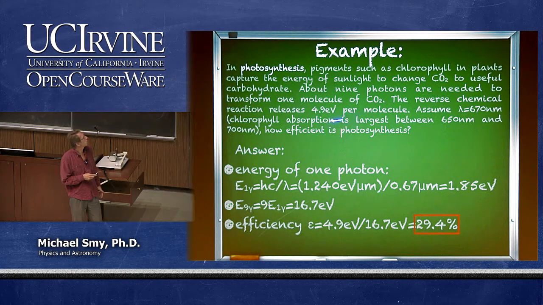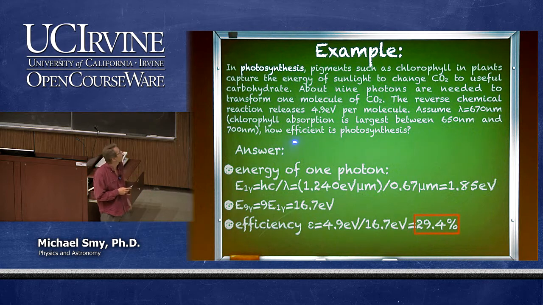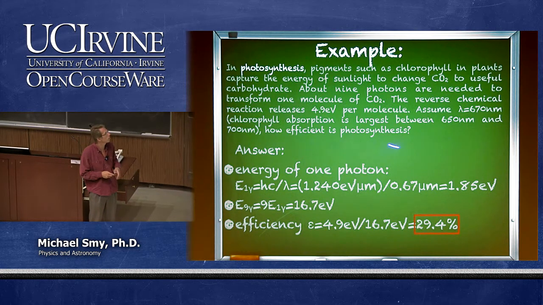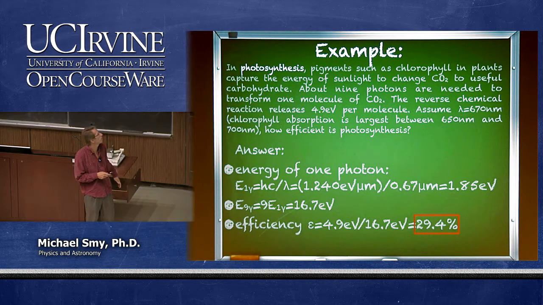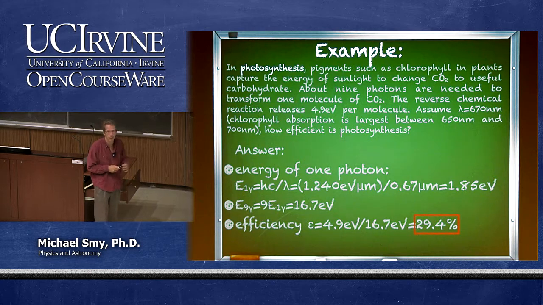And the reverse process, where we simply burn wood, for example, releases 4.9 electron volts per molecule consumed. So if we assume 670 nanometers as a typical wavelength, since chlorophyll absorption is somewhere between 650 nanometers and 700 nanometers, then we can calculate how efficient the photosynthesis is.